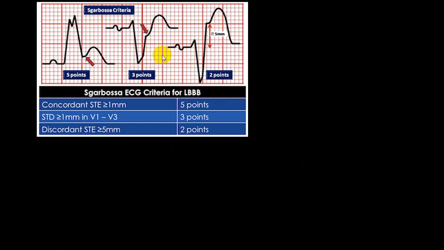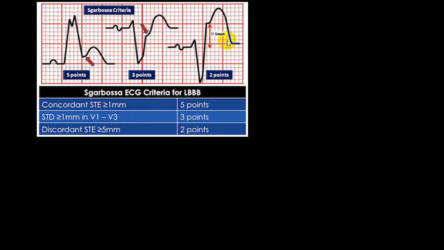This is the original Sgarbossa criteria, which is concomitant ST segment elevation, usually in V5, V6. If it is elevated by 1 millimeter, we give 5 points. If you get ST depression in V1, V2, V3, 3 points.